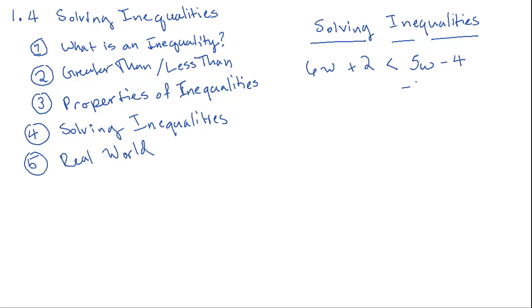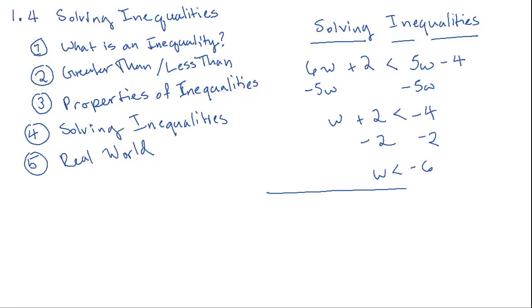To do that, I'm going to subtract 5w from both sides. I'm going to take my time with this problem because I want to make sure that we have everything in order. 6w minus 5w is just w. Then w plus 2 is less than negative 4. Now I'm just going to subtract 2 from both sides, and I end up with w has got to be less than negative 6.